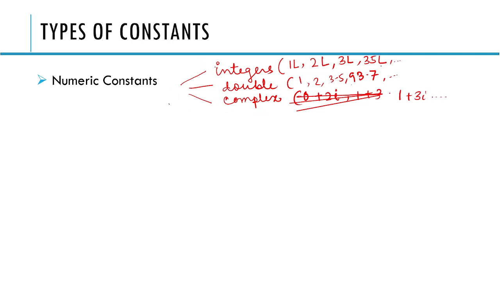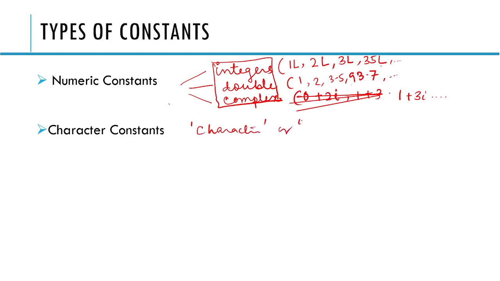So these are all numeric constants. The next type of constant is the character constant. Character constants are written in the form of either single quotes, suppose I write a character within single quotes, or we can write within double quotes.